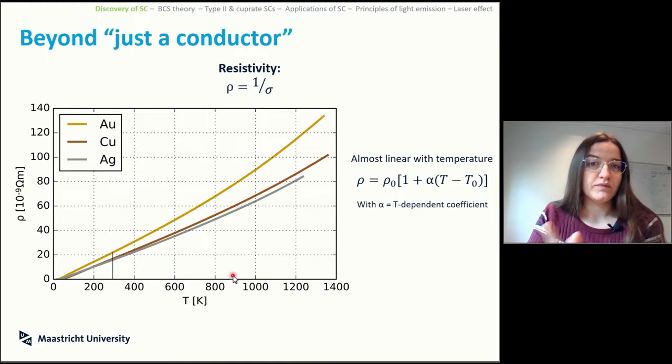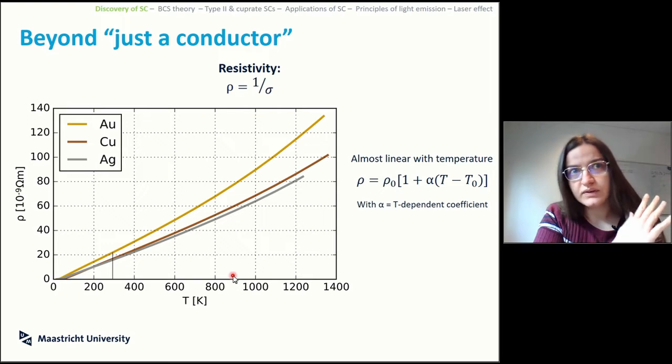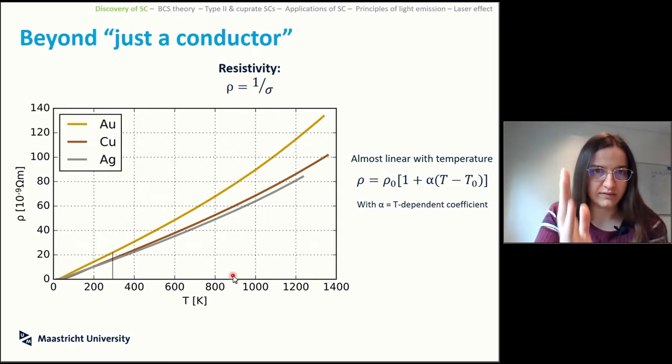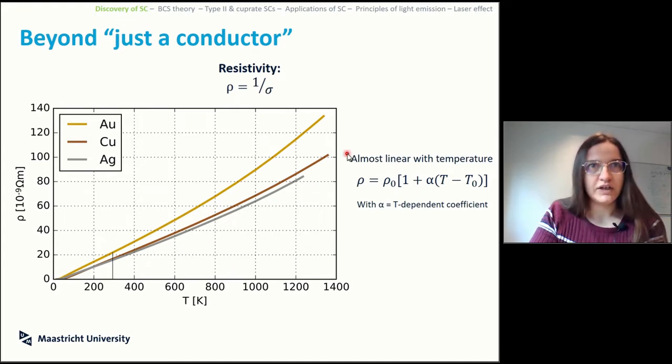So for every number of carriers, you have a limited amount that will go up. It's not that you can freely excite all of them above. They stay restricted there. So you have this small change with temperature.